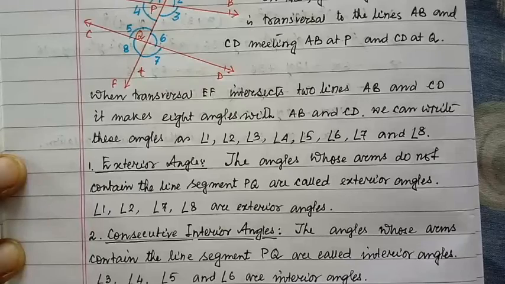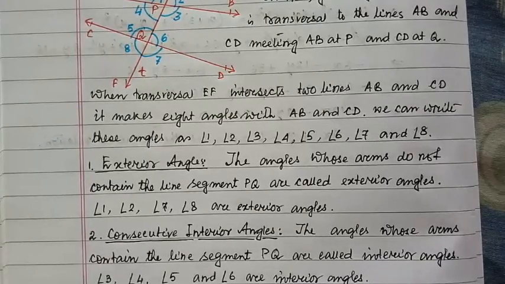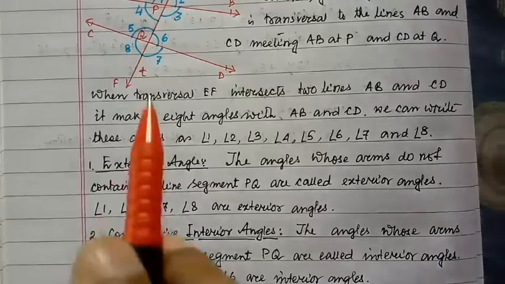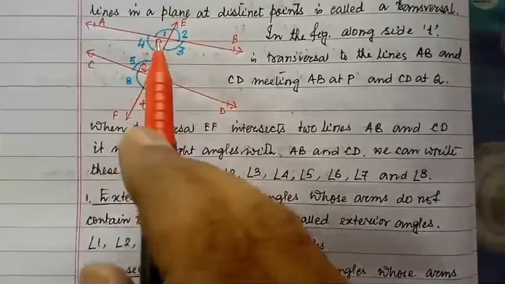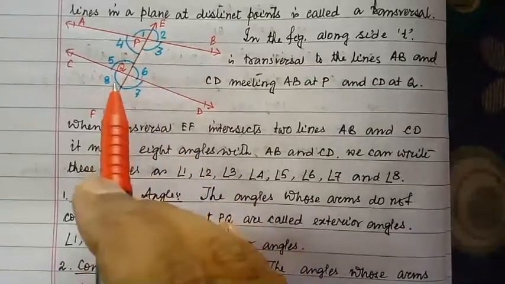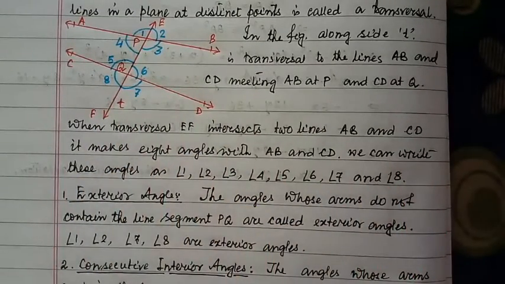First, we are going to learn exterior angles. The angles whose arms do not contain the line segment PQ are called exterior angles.